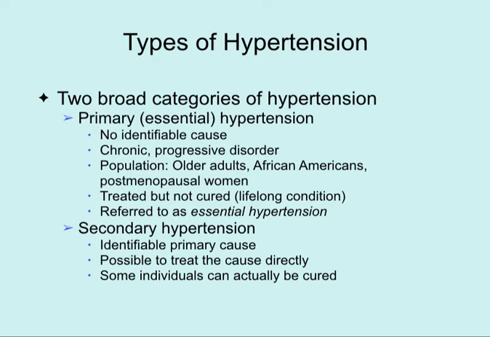Different populations may have more prominent issues with hypertension, such as African Americans, postmenopausal women, and just as the individual ages. Essential hypertension can be treated, but it cannot be cured. So it's usually a lifelong condition that we have to manage, and this is referred to as essential hypertension.